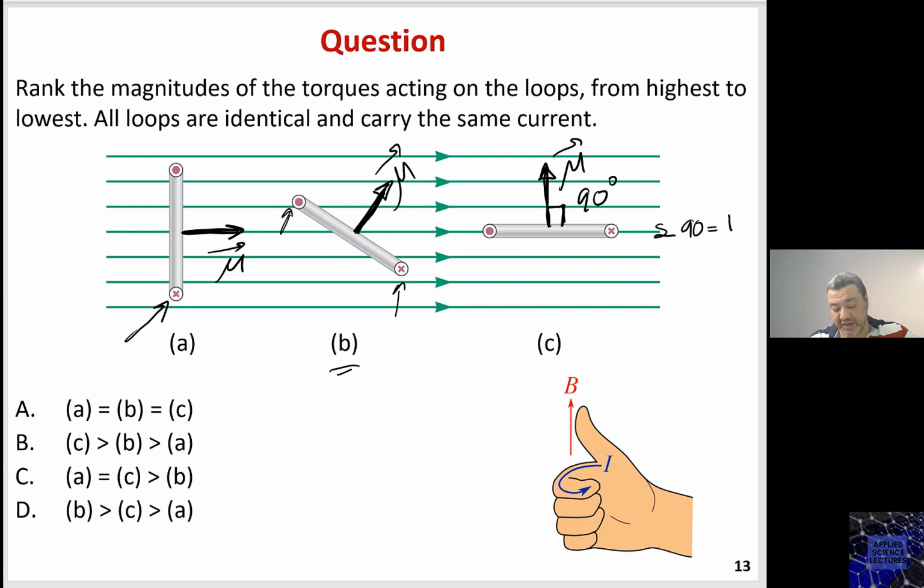Here it's less than 90 degrees, which basically means that the torque applied here is less than case C, so case B is less than case C. And here we have the angle between the magnetic dipole moment and the magnetic field equal to 0, and that's why the torque here is 0, and C is the maximum, and B is in between, so we have the answer being B. So C, then B, then A.